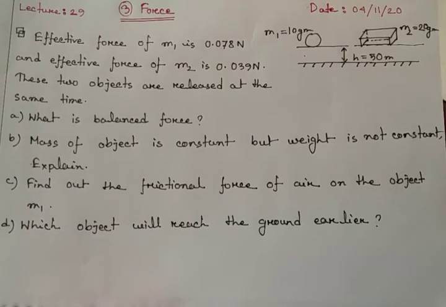That means force. Here is a stem, a diagram based stem. In the diagram there are two objects of two different masses. The first one is of spherical shape and its mass is 10 gram, and the second one is of rectangular shape whose mass is 20 gram. They are released from the same height of 50 meter.